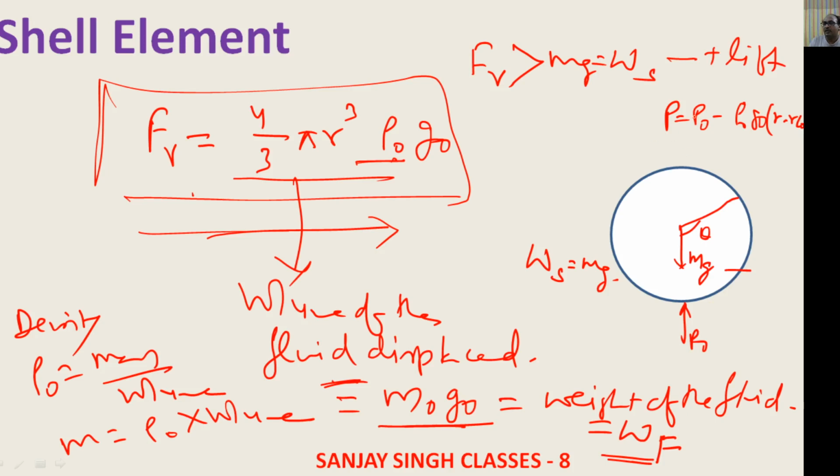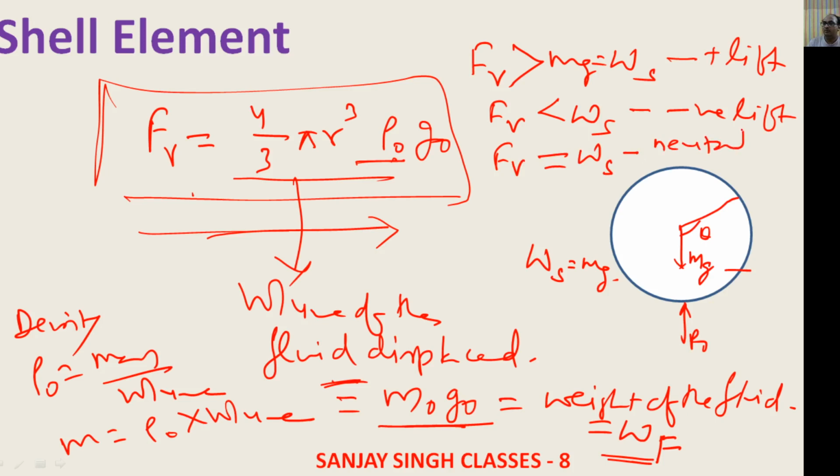When Fv is less than the weight of the body, there will be a negative lift. And when Fv is equal to Ws, the body is neutrally buoyant. It will be just floating.